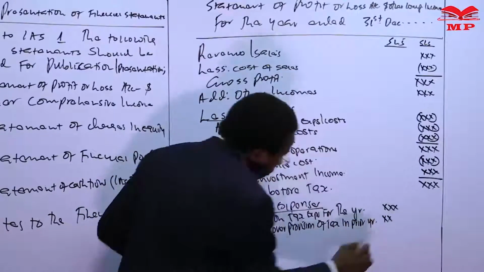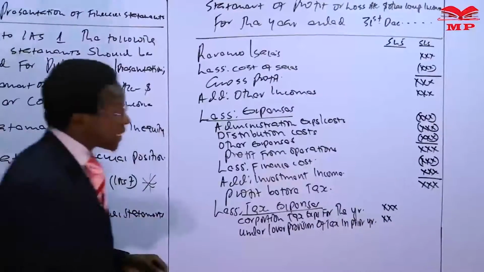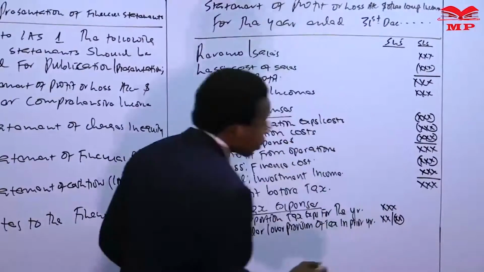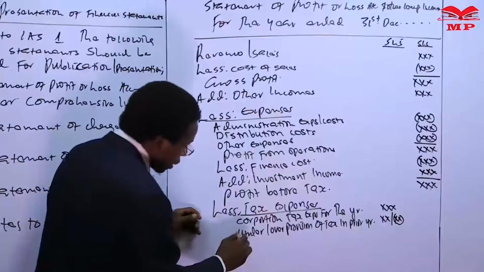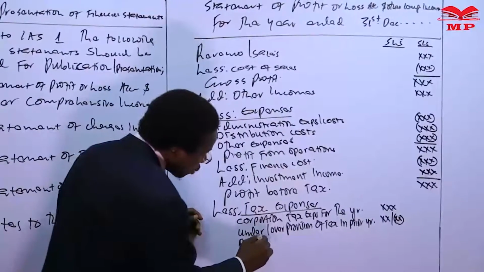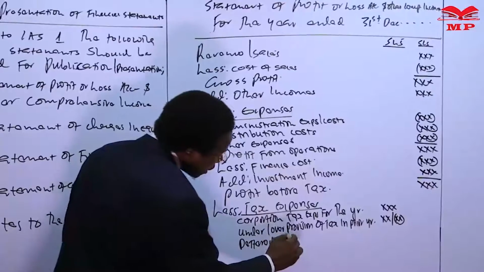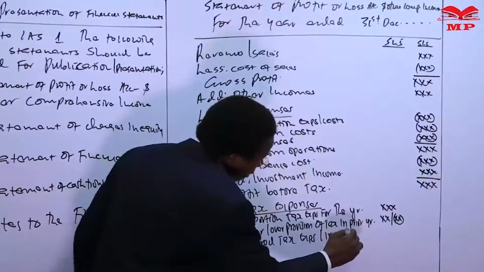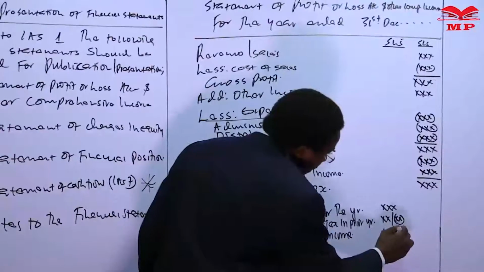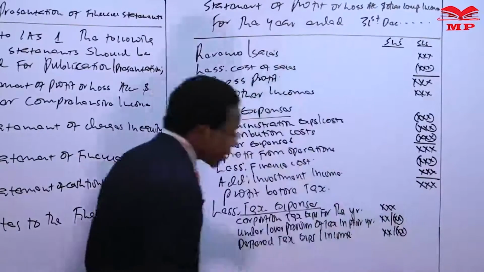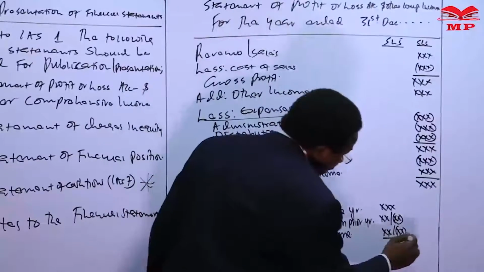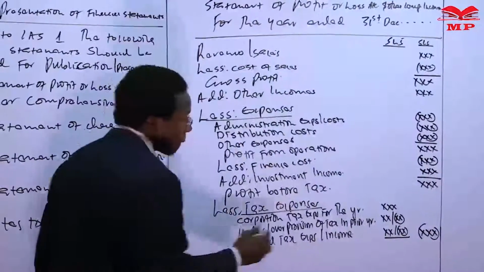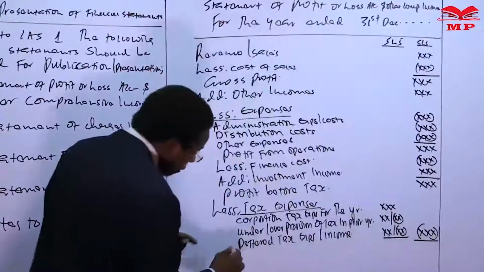If there was under provision, then you increase your tax in this year. If there was an over provision, you reduce your tax expense for the year. Then you may have the deferred tax expense, or you may have a deferred tax income. So you recognize it here. Then the net tax expense will be put in the extreme corner so that we are able to get the profit for the year.